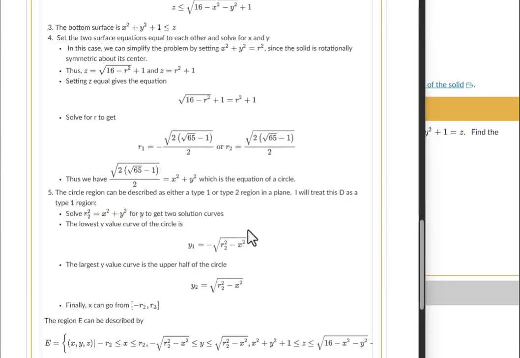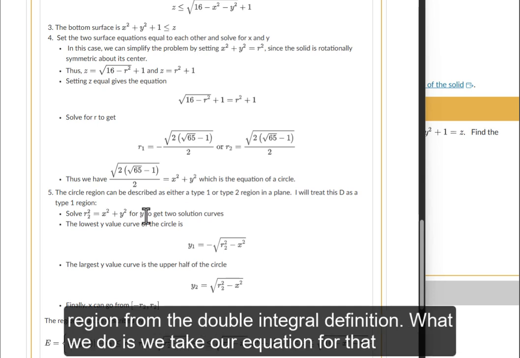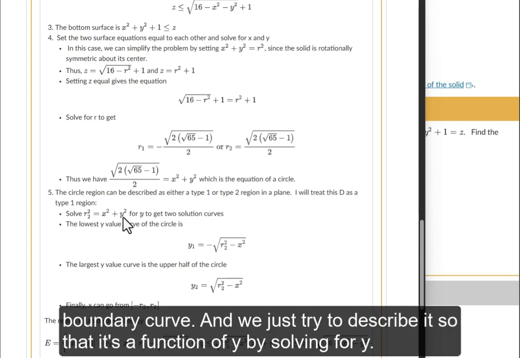In terms of algebraic functions that we're solving for, that projection disk is our region, our type 1 region from the double integral definition. What we do is we take our equation for that boundary curve and we try to describe it as a function of y by solving for y.